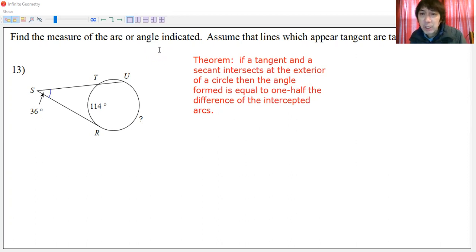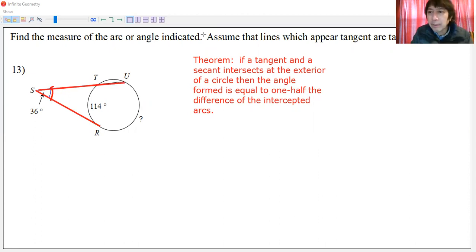If a tangent and a secant intersect at the exterior of a circle, then the angle formed is equal to one half the difference of the intercepted arcs. What do we mean by that? It will be from the diagram itself, so we don't have to draw it. Remember, this is the tangent, and here's the secant.